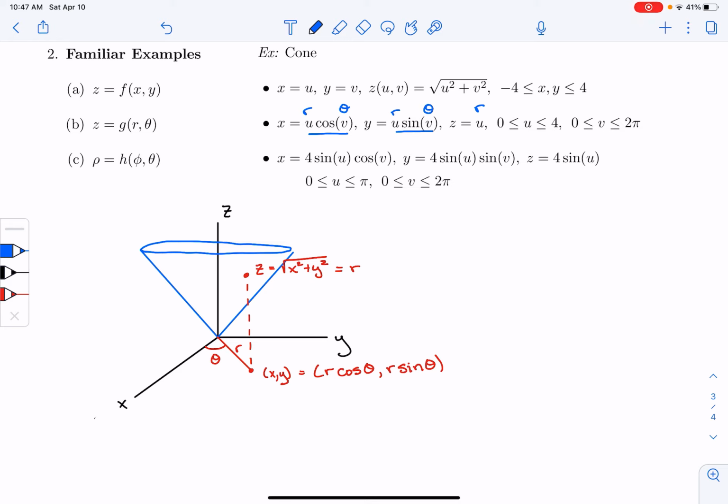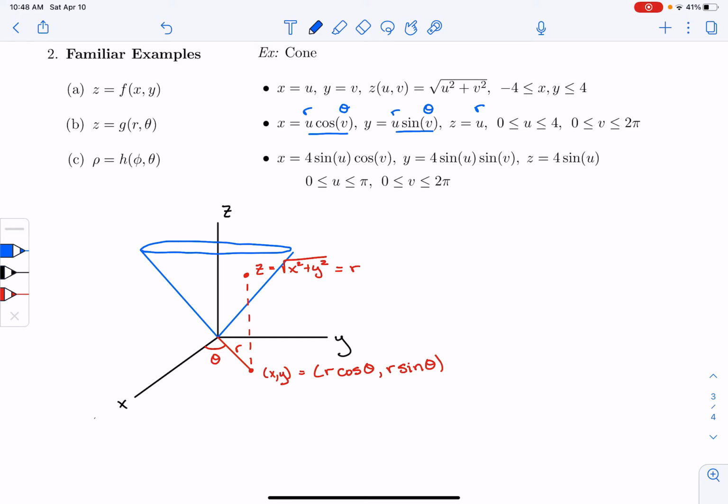Here, x, y, and z are all being expressed in terms of coordinates u and v. And we're letting u, which is acting like the radius, vary between 0 and 4, and then v, which is acting like the angle theta, vary between 0 and 2 pi. But again, that's not the only way that we can express a cone.